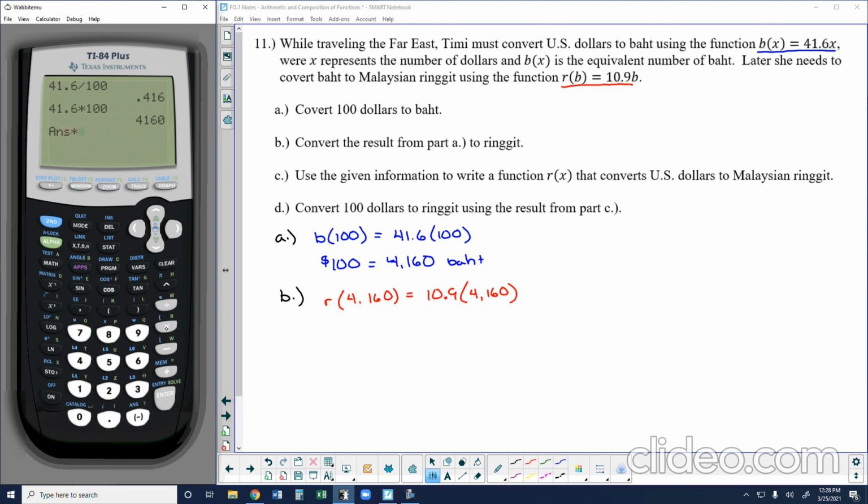So probably want to do that in the calculator. And the result would be 45,344. So what we get here is $100 equals 4160 baht, which equals 45,344 ringgit.